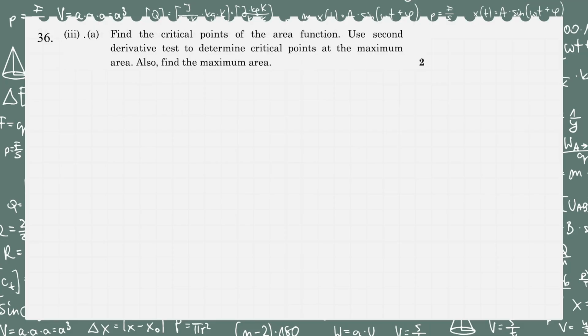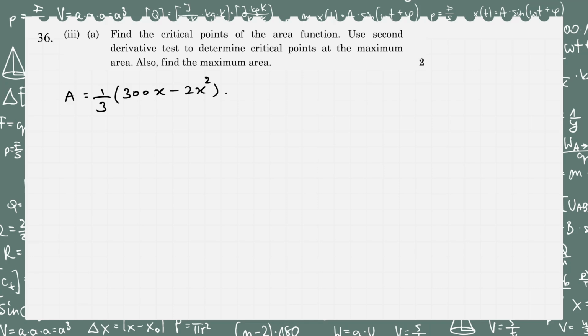It has two choices. Part A is to find the critical points of the area function. Use the second derivative test to determine the critical points at the maximum area. Also find the maximum area. So the area function we found in the previous part, we are going to make use of that, which is 1 by 3 into (300x minus 2x square), and we have to use the second derivative test.